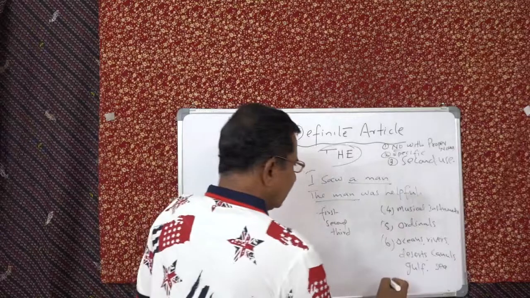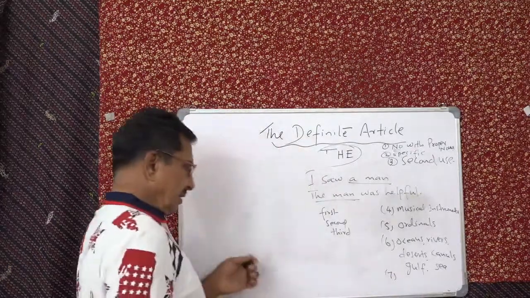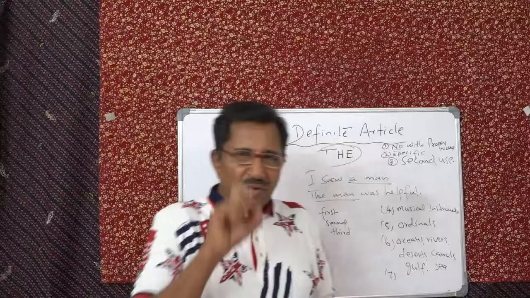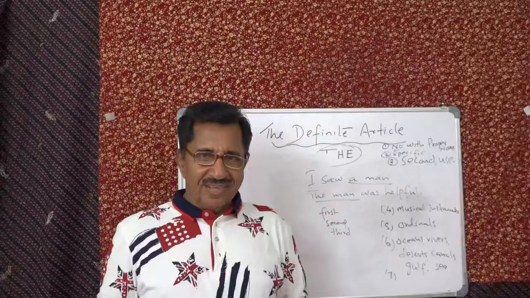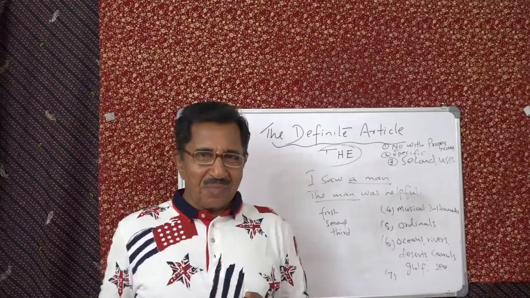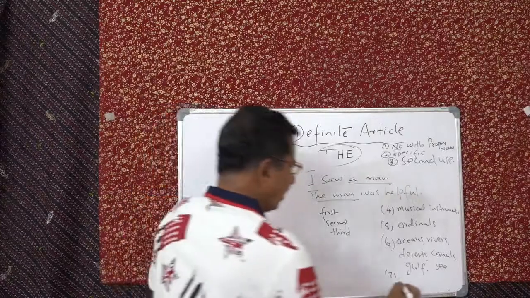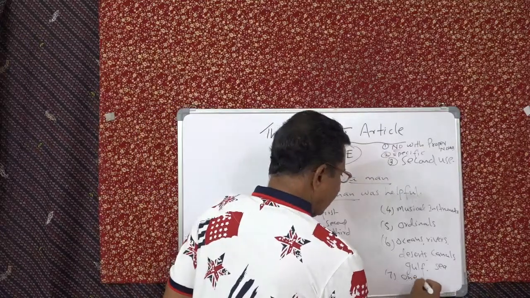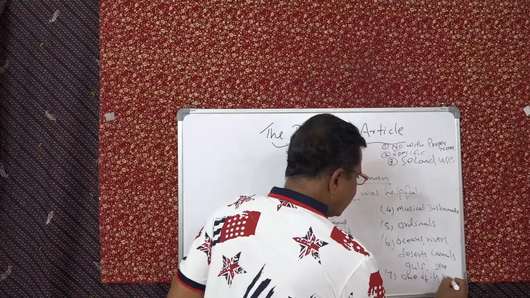And the last for today's seven is, suppose there is only one of its kind in this world. For example, Pope. There's only one Pope. Then we will say only one of its kind.